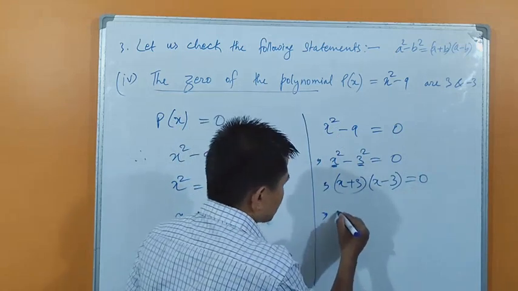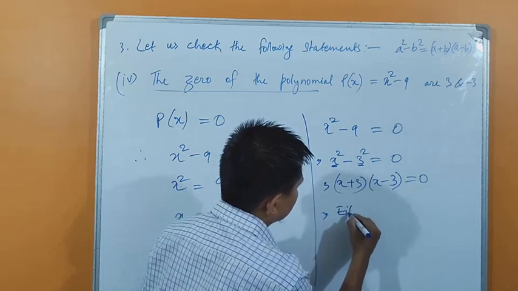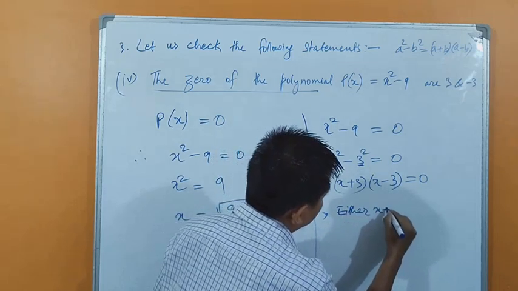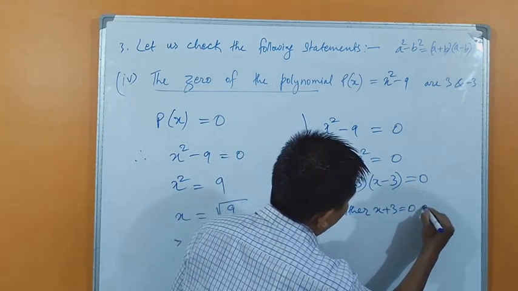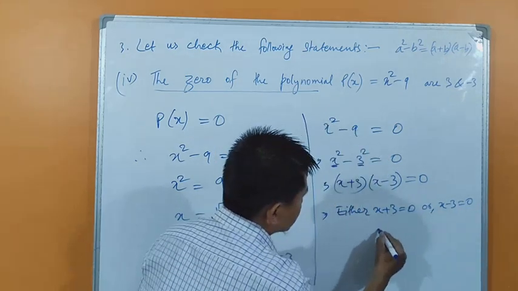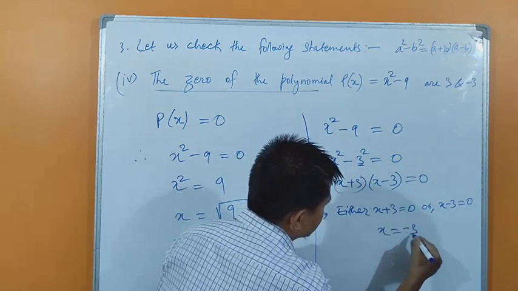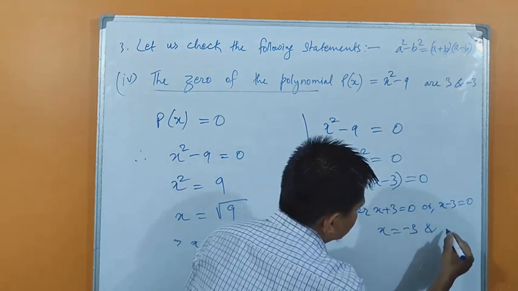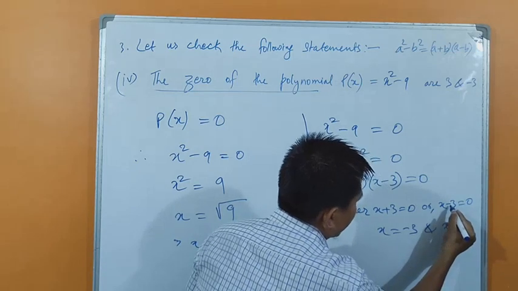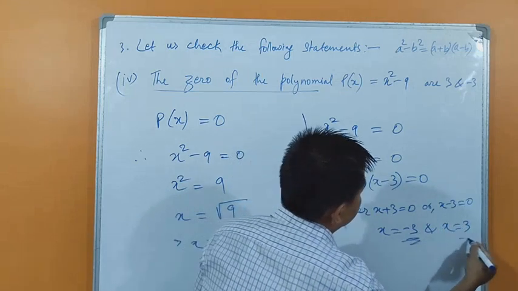So you can write either x plus 3 equals 0, or x minus 3 equals 0. If x plus 3 equals 0, then x equals minus 3. And if x minus 3 equals 0, x becomes plus 3. We have two values, minus 3 and plus 3.